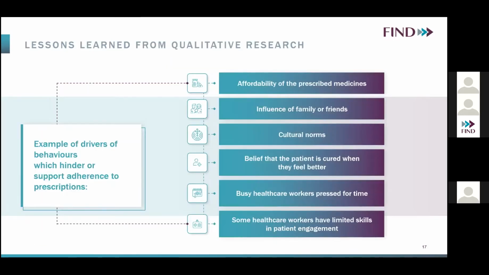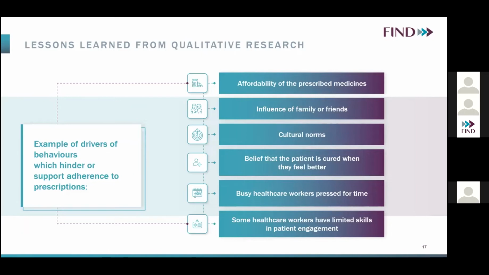But some lessons we have learned, even before we finally analyze the data, especially from the qualitative research. These include that there are some drivers of behaviors which hinder or support adherence to prescriptions, and we urge that policymakers, clinicians, and so forth should factor these in.